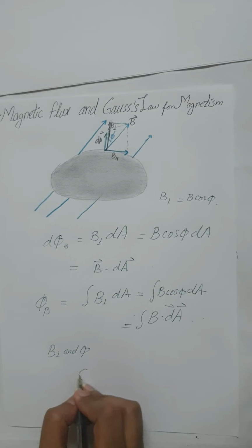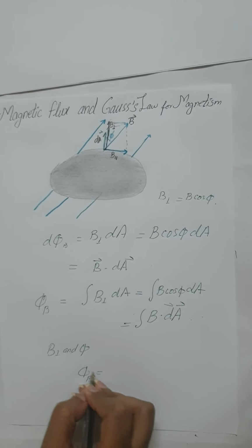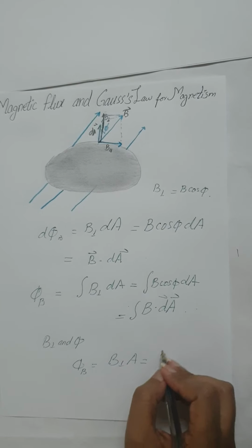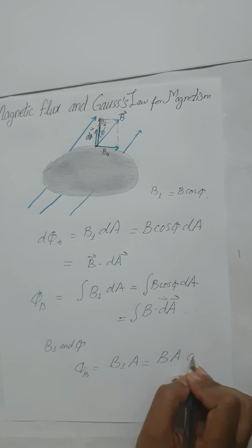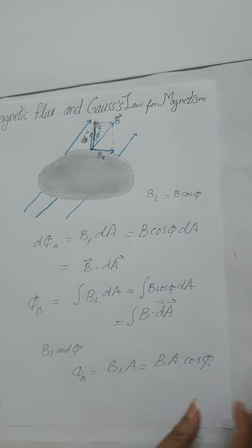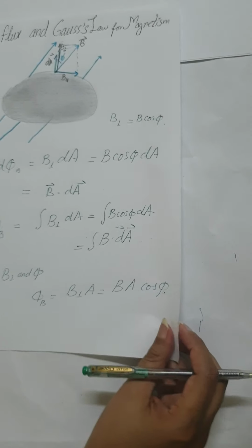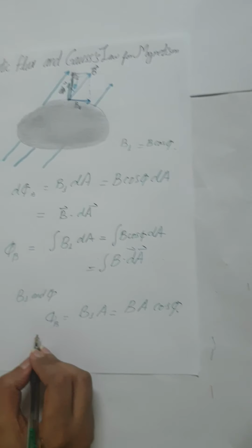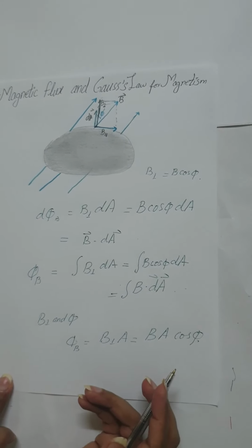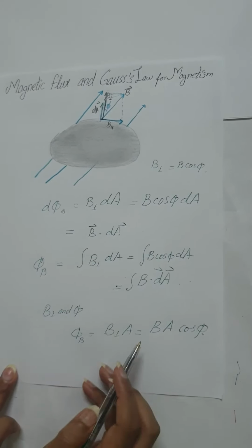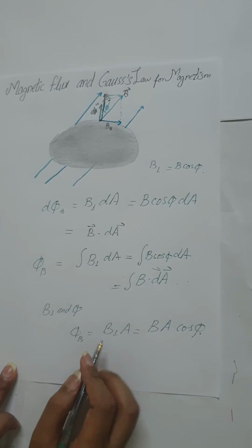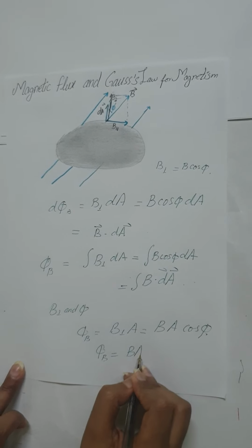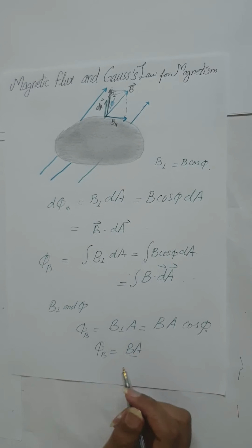In such a condition, this becomes B A cos phi. If B is perpendicular to the surface, then cos phi becomes 1 and this equation reduces to B times A.